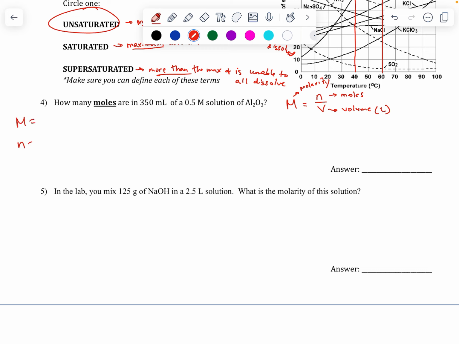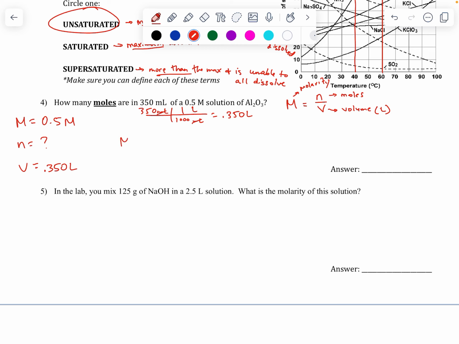I'm looking for n, which is moles. V is 350 milliliters, but there are 1,000 milliliters in every liter, so we have to convert that, and that gives us 0.35 liters. You can just move the decimal back 3 times. So we have 0.35 liters, and a 0.5 molar solution, a concentration of 0.5.